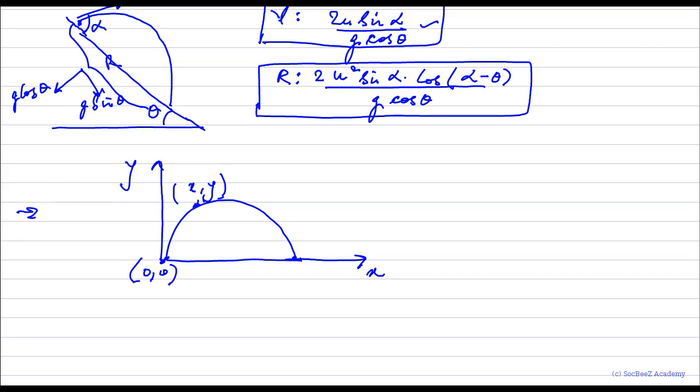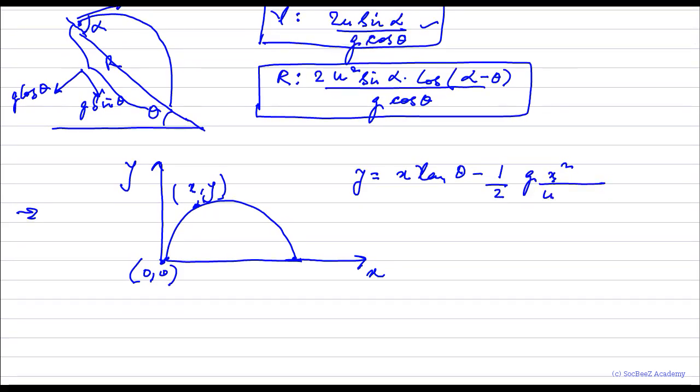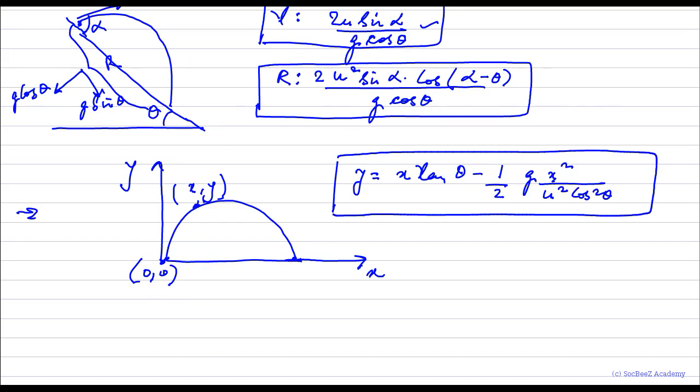So the equation of trajectory is y equals x tan theta minus half into g x squared upon u squared cos squared theta. So this is my equation of trajectory.